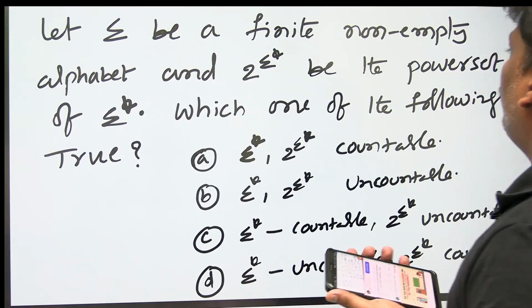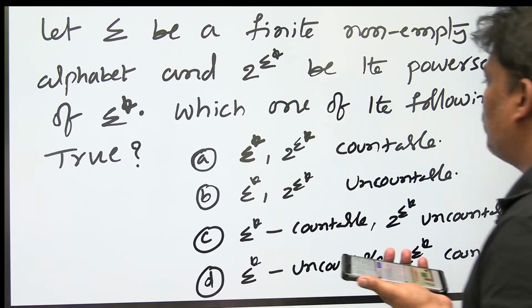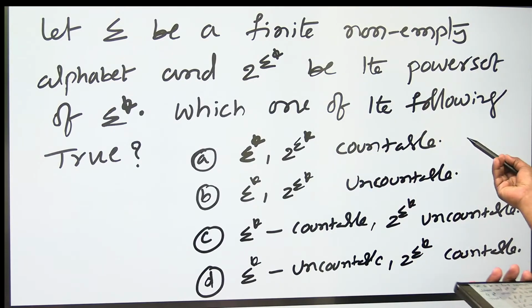Let sigma be a finite non-empty alphabet and 2 power sigma star be the power set of sigma star. Which of the following are true? Sigma star and 2 power sigma star countable?